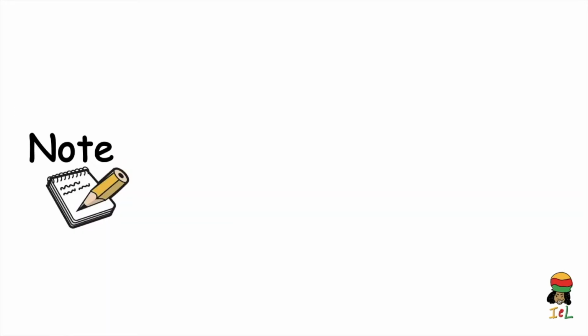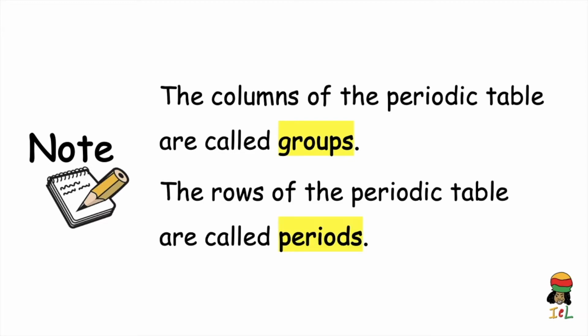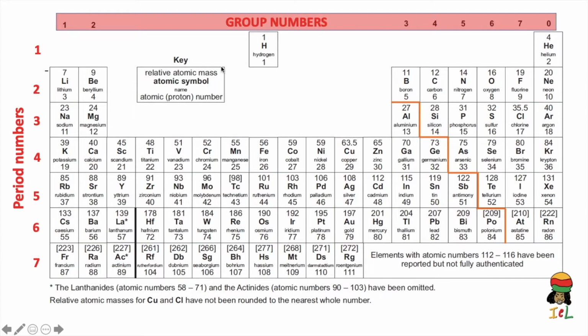So it's important to keep in mind that the columns of elements in the periodic table are called groups, and the rows of elements in the periodic table are called periods. Also take note that the groups are numbered 1 through to 7 and 0. So we have group 1, group 2, group 3, so on, right over to group 0. And we have written the group numbers at the top of each group or column.